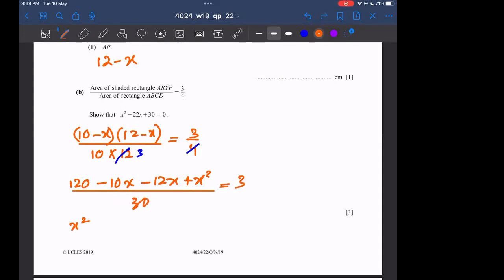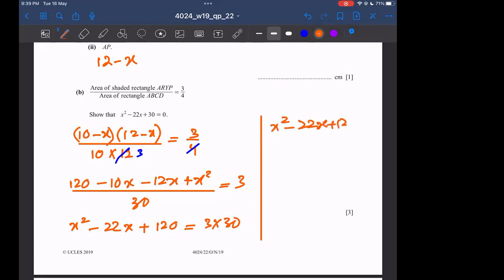The X square remains the same, minus 22X plus 120, and 3 into 30 becomes 90. Now I put the value on the left hand side, 120 minus 90. You got the equation here.